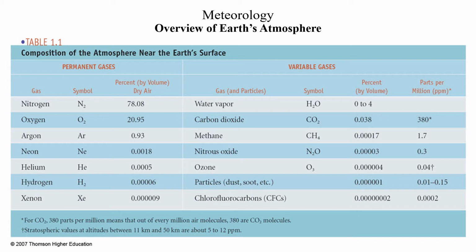Carbon dioxide is distributed fairly uniformly in the lower layer of the atmosphere, although its concentration has been increasing steadily for the last century because of the increasing burning of fossil fuel.